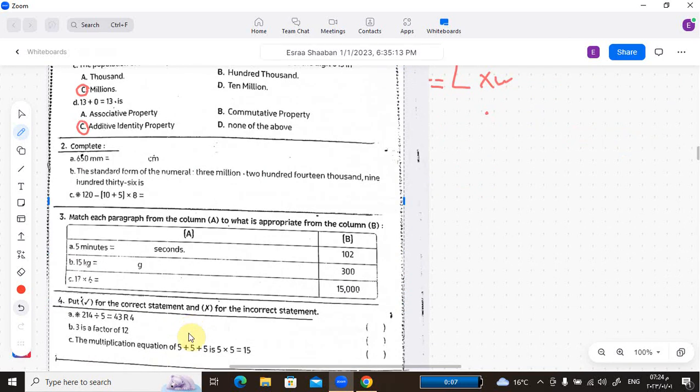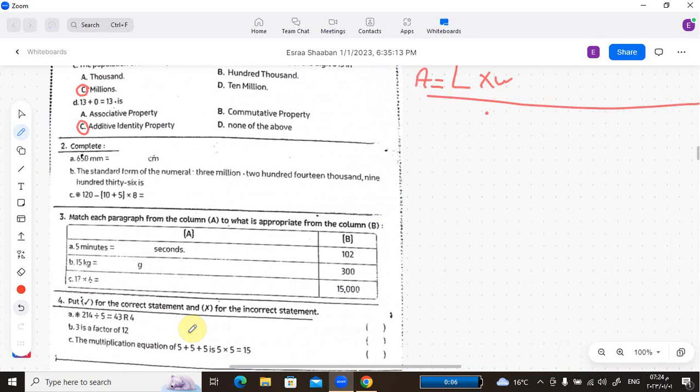Question number 2. Complete. 650 millimeter equals how many centimeter? So we have to write the metric units: kilometer, meter, decimeter, centimeter, millimeter.